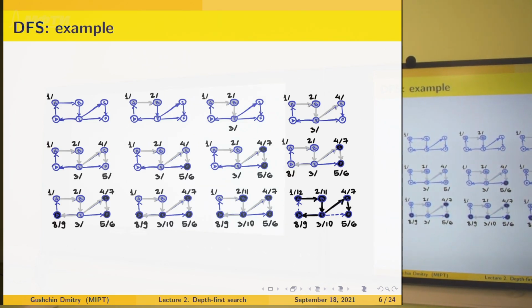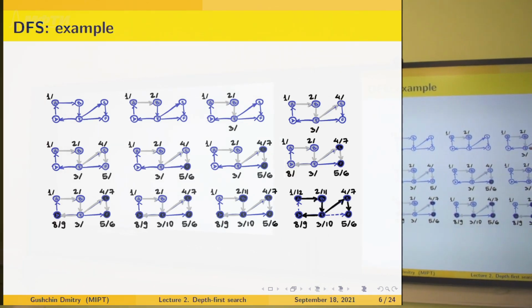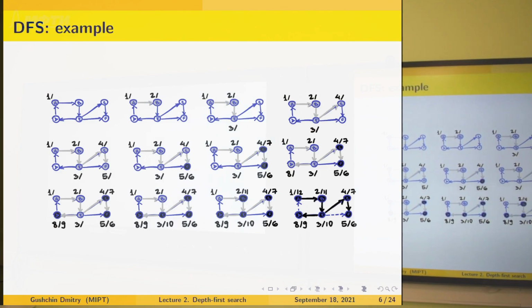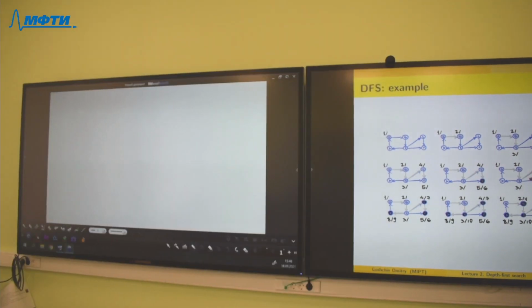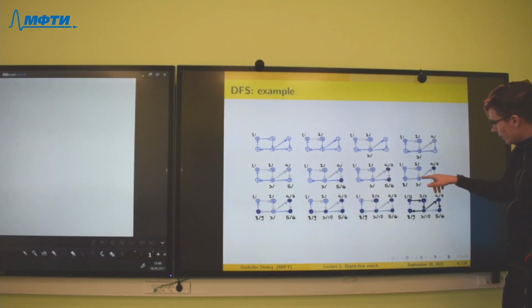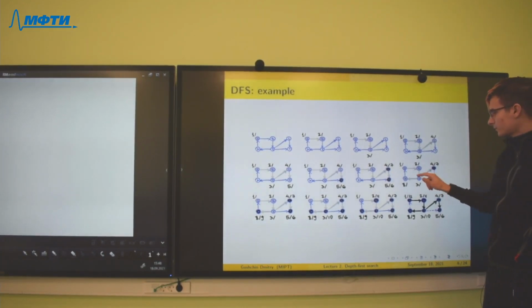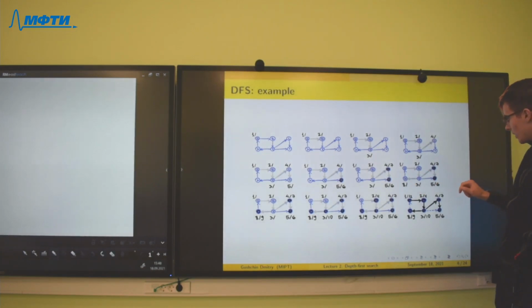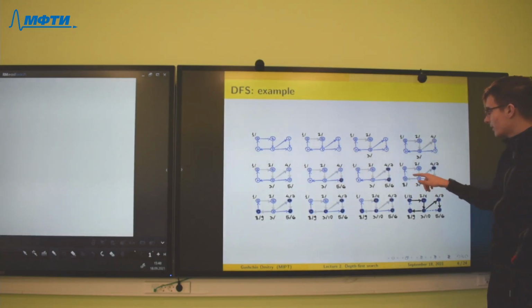Okay. Then we repeat the algorithm for B, for E, for C. Then we see that F has no adjacent vertices, so we finish exploring it and go back to vertex E. We see that vertex E has a different adjacent vertex that has not been explored.